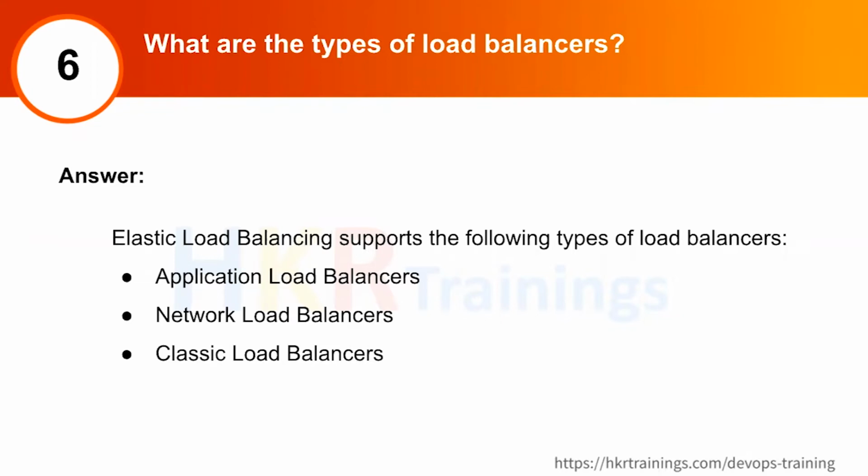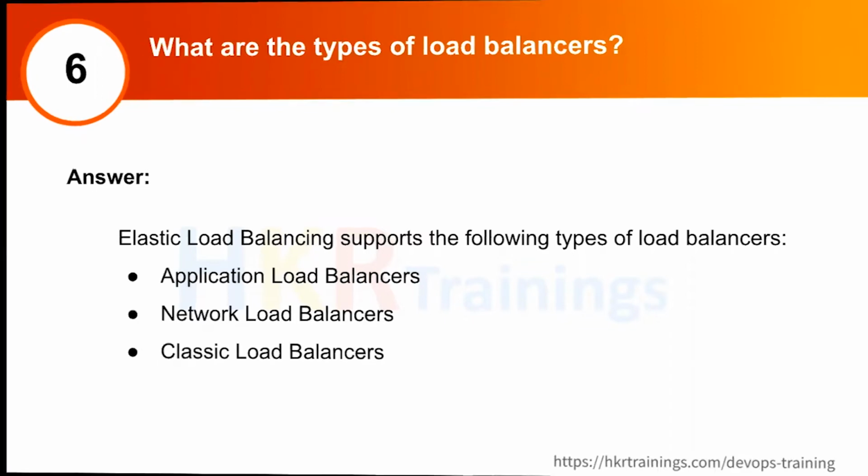Network load balancers are good when you want a static IP and very high throughput, and you don't want to worry about how the routing is happening. You can just route all your traffic from the network layer itself. In that case, the network load balancer is a very good option to choose.